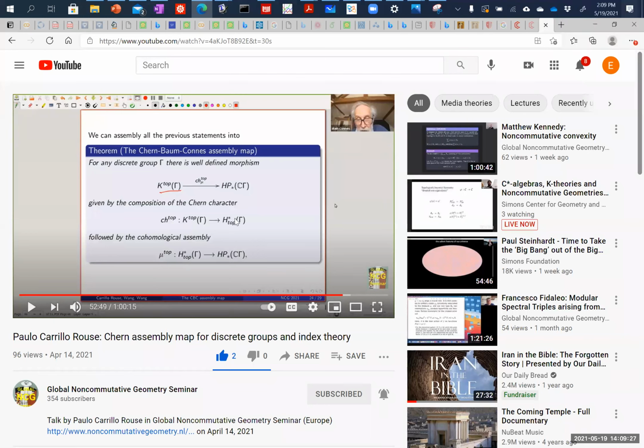So a point that Richard might have in mind is to what extent you can factor this map through the K-theory of the reduced C-star algebra. Here, this map is constructed on the domain of the Baum-Connes assembly map. And if you want to write it down on the group C-star algebra, well, if you know the Baum-Connes conjecture, of course, it doesn't make a difference.